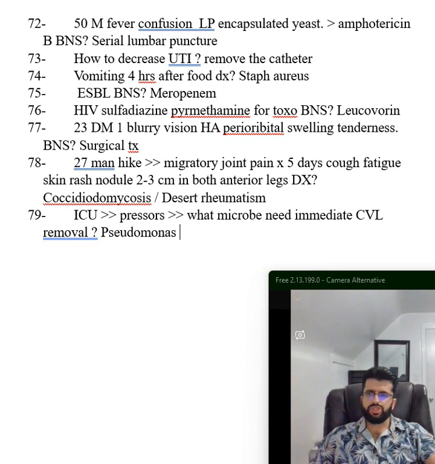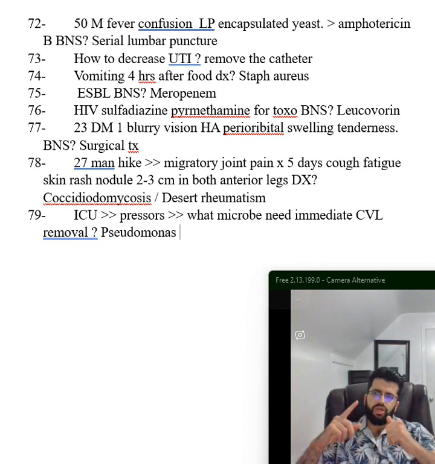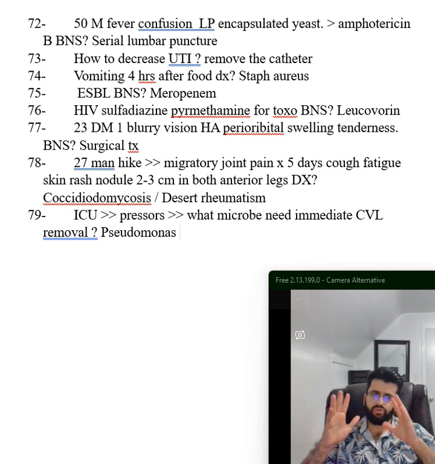That brings us to the discussion: indications for catheter removal in central venous catheter associated infection. If you see not just Pseudomonas, if you see Staph aureus, Candida, or Mycobacteria, all of these four, these are big guys. You need to remove the CVL.